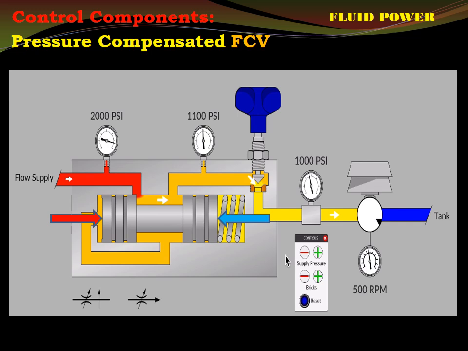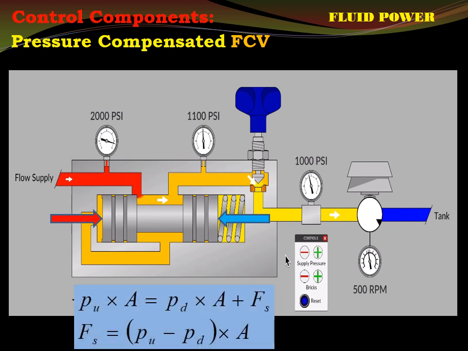Therefore, in equilibrium of the compensator spool, right in this position, we can write this: Pu into A is equal to Pd into A plus Fs. Pu is pressure upstream, red colored arrow. Pd is pressure downstream. Upstream, downstream with respect to what?